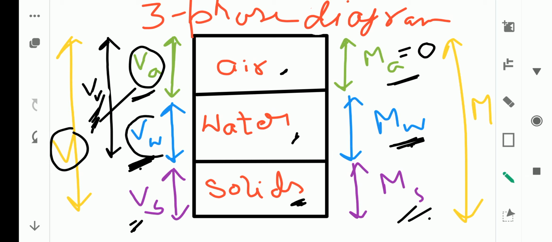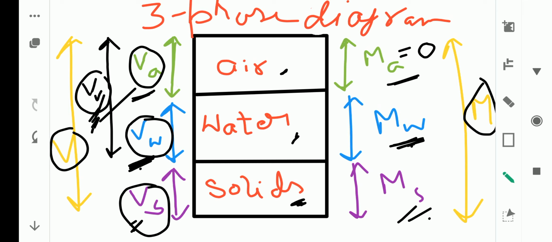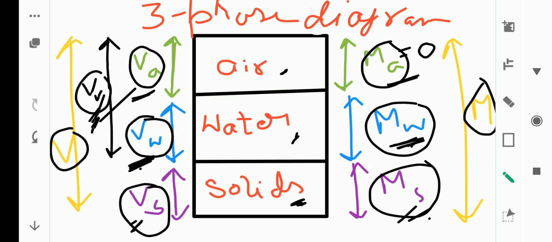Volume of water is Vw, volume of solids is Vs, volume of voids is Vv, and volume of whole soil, complete soil, is capital V. Same here, capital M represents mass of the soil, Ms mass of the solids, Mw mass of water, Ma that must be negligible, mass of air. So this is basically three-phase diagram.